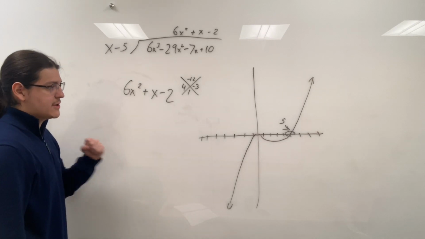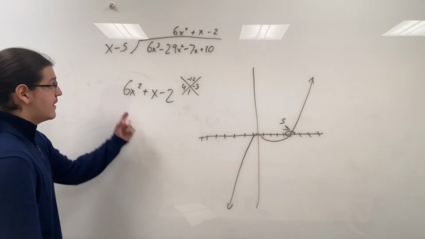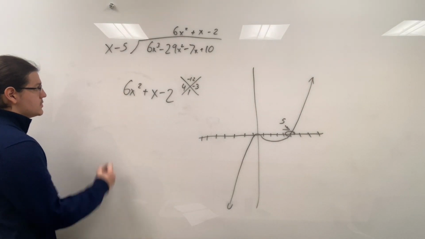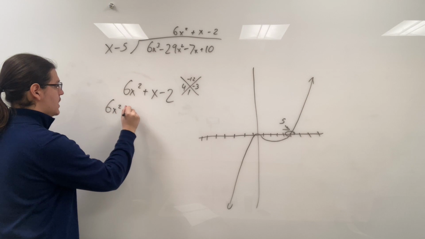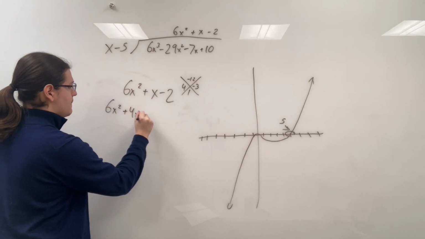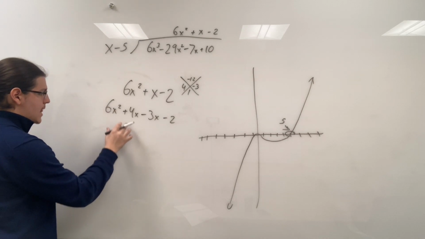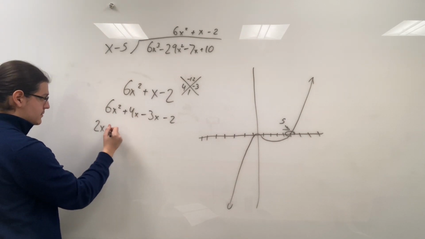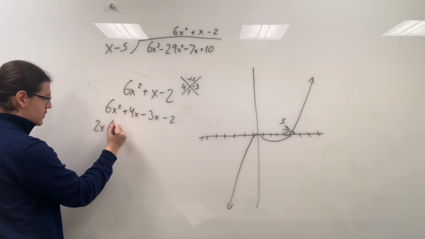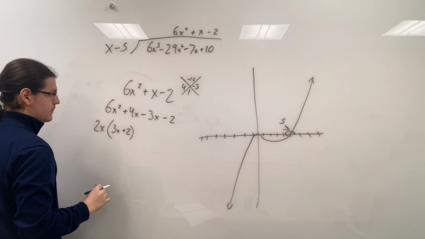Now we can't just factor, skipping all the work, because we have a leading coefficient here. So let's expand this real quick. We get 6x squared plus 4x minus 3x minus 2. Now here, we can bring a 2x out of this, leaving us with 3x plus 2.